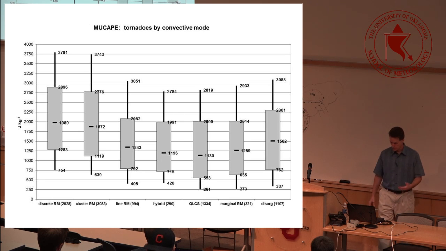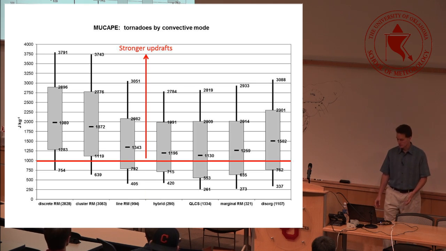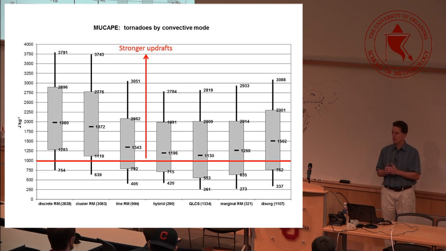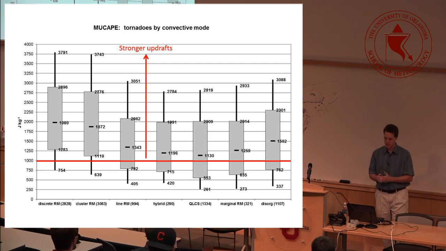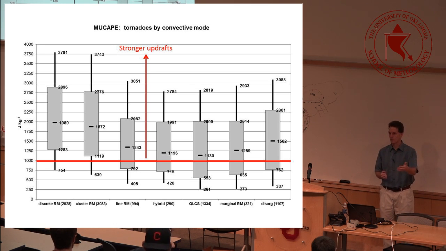So the only term we haven't looked at so far would be the most unstable partial CAPE. The difference here is most of the supercells on the left tend to be above about 1,000. Now you notice most of the storms tend to be above about 1,000. That's a pretty common value. One thing we're trying to do when you do a composite parameter like this, you don't want to first assume, well, given that there are supercells, this works. That's putting the cart before the horse, so to speak.